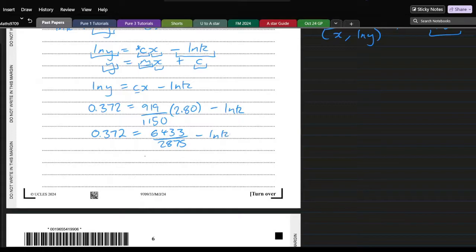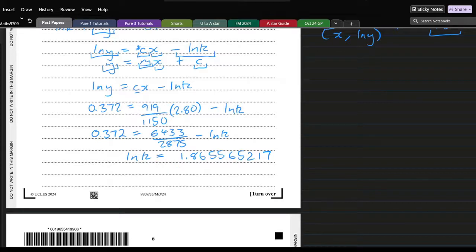So ln k would be equal to that 6433 over 2875 minus 0.372, and that gives us 1.865565217. I'm using the full calculator display because I don't want to round off prematurely.